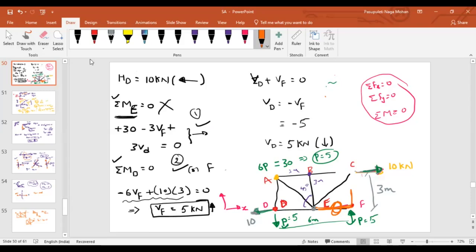How can I balance it? Downward. So if I represent a downward force, is it towards the joint or away from the joint? Towards the joint, sir. That means it is under tension or compression? Compression, sir. Okay. Clear, sir.